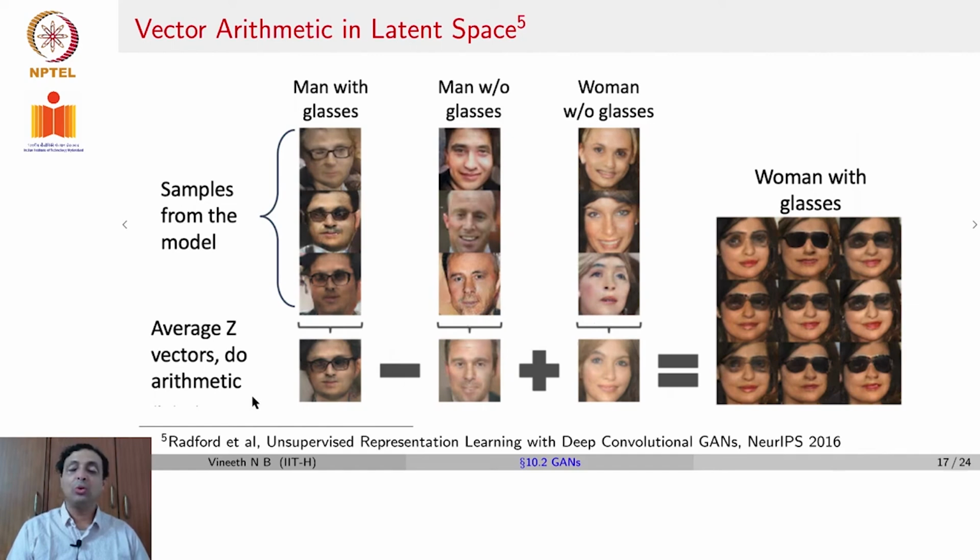Now, if you do arithmetic on those average Z vectors or latent vectors, if you say man with glasses minus the latent vector corresponding to man without glasses plus the latent Z vector corresponding to woman without glasses, and use the resultant latent vector and pass it through the generator, you end up getting images of women with glasses.